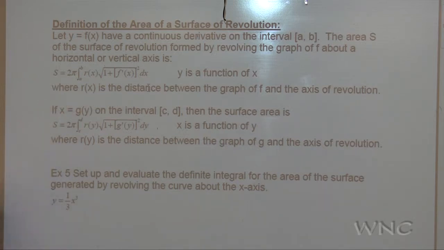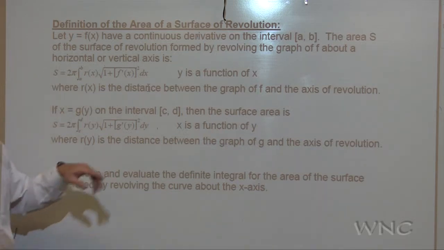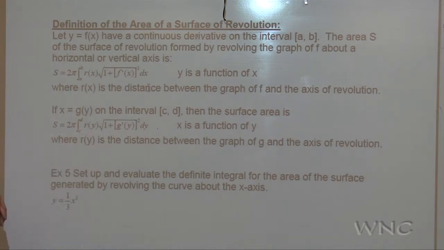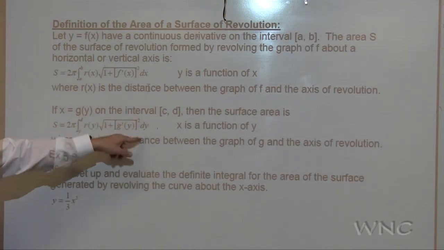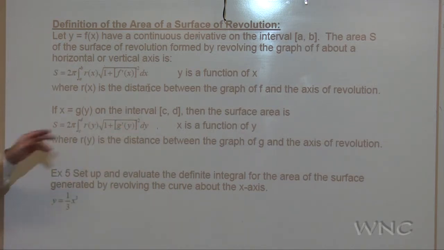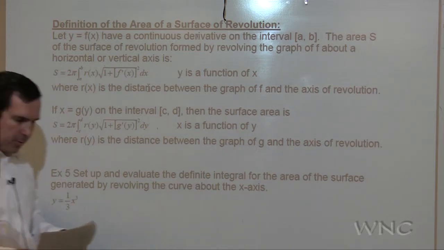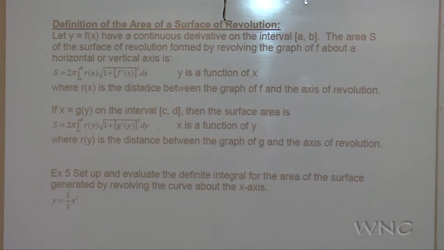So it's the distance between the graph of f and the axis of revolution. Now, if x is a function of y, x equals g of y, it's 2 pi times the integral from c to d of r of y times the square root of 1 plus g prime of y squared dy. Again, r of y is the distance between the graph of g and the axis of revolution. So let's do a couple of examples here.